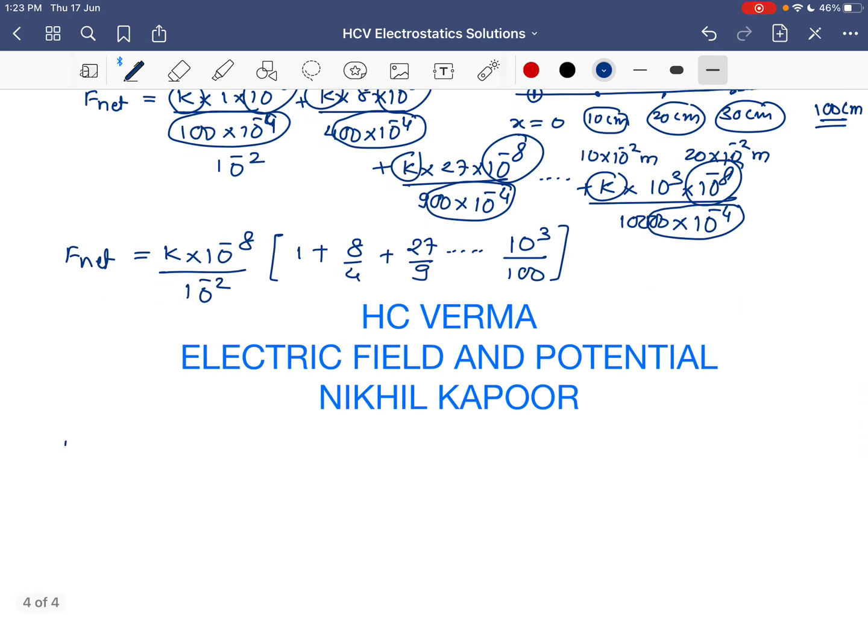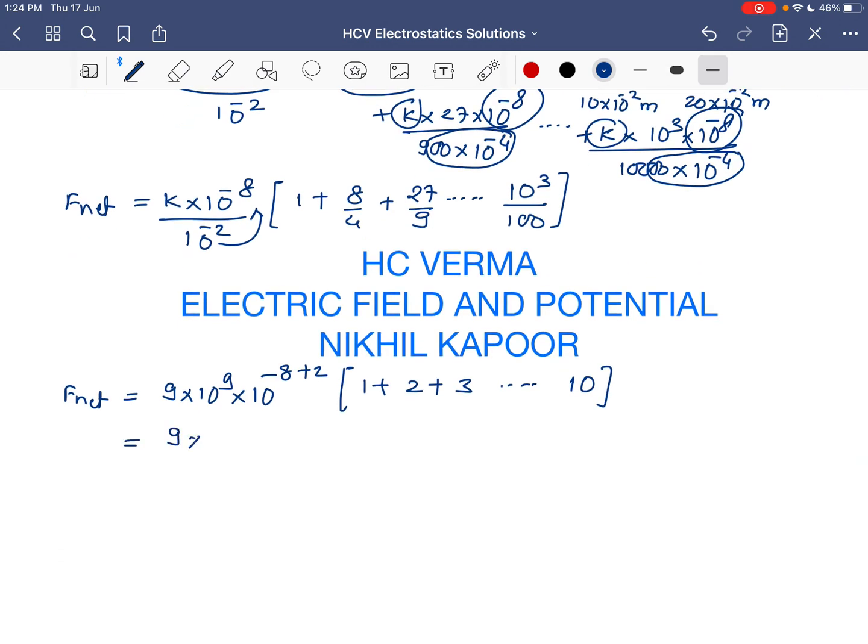Now let's substitute the values. Net force will be equal to k, the value of k is 9 into 10 to the power 9, into 10 raised to minus 8, and this will be plus 2, since the 10 raised to minus 2 goes up. Then 1 plus 4 2s are 8, 9 3s are 27, and so on, so it will be 1 plus 2 plus 3 up to 10. Now 9 into 10 to the power 9 into 10 to the power minus 8 plus 2 will be 10 to the power 3. The bracket is nothing but an AP, and the sum of n terms of an AP is n into first term plus nth term upon 2.